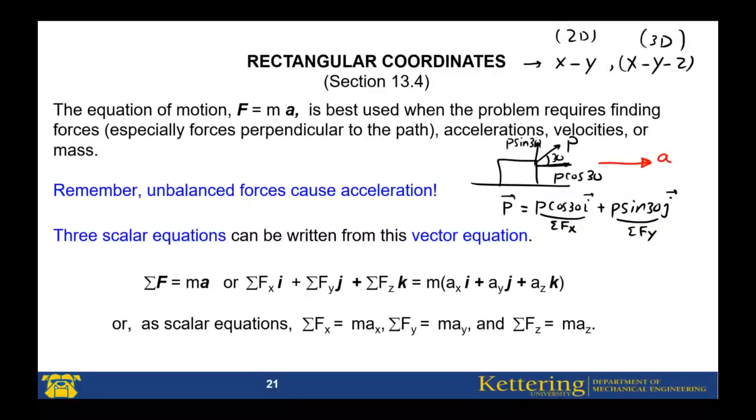Instead of this one, P sine 30. And there are no forces along the z. This is how we expand the equation of motion from vector form to scalar form.